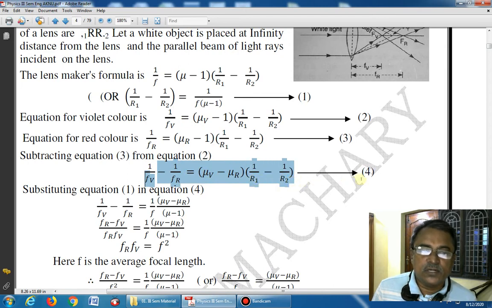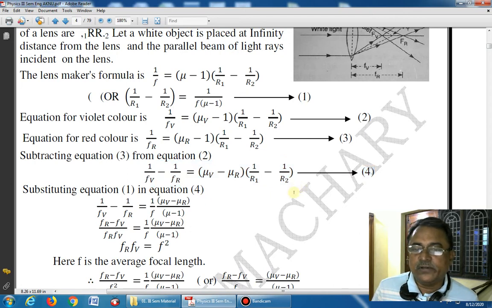Say this is equation 4. Please do the derivation physically on paper, then it is easy to understand. So, 1 by f v minus 1 by f r is equal to mu v minus mu r into 1 by r 1 minus 1 by r 2, in equation 4.